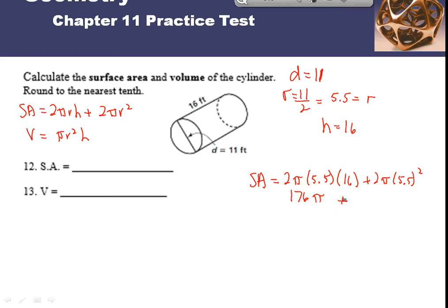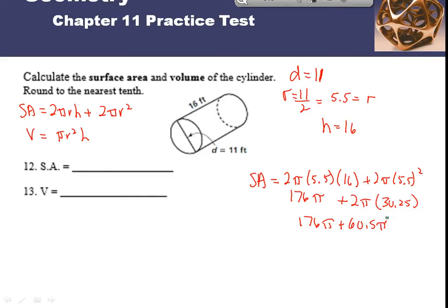And then 5.5 squared is 30.25. So it'd be 176 pi plus 2 times 30.25, which is 60.5 pi.